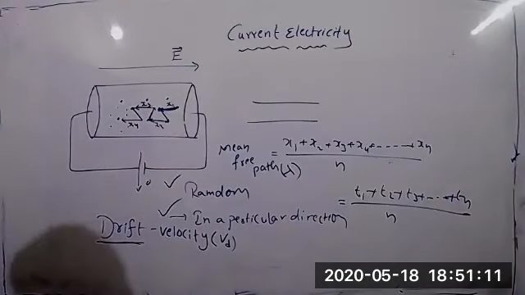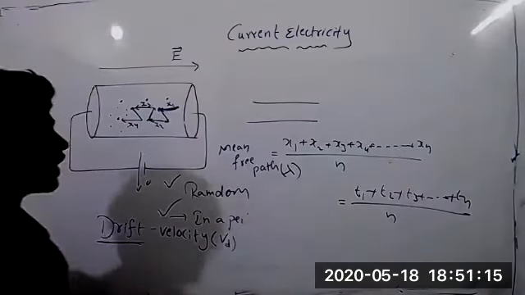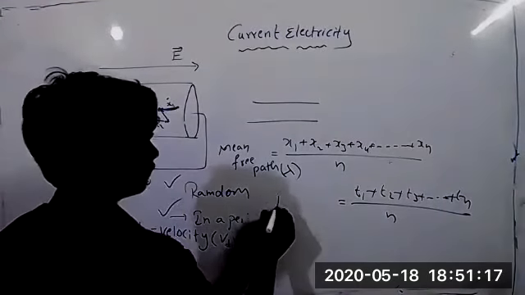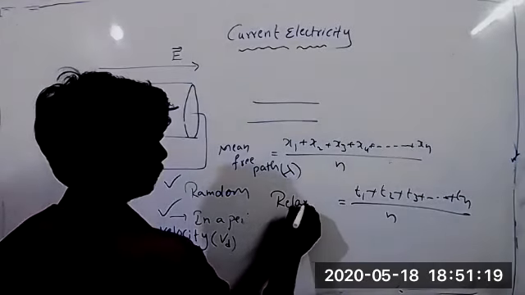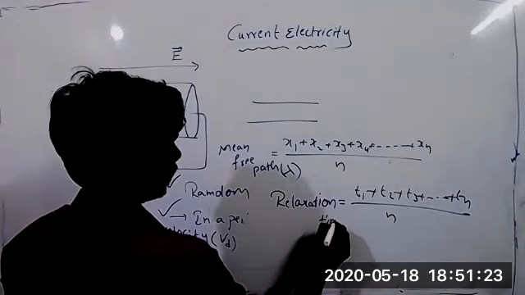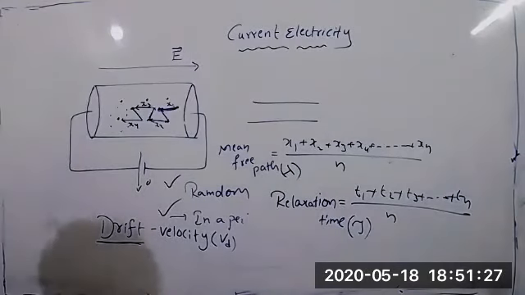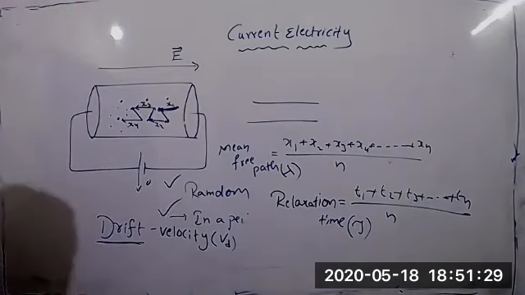It is the time interval between two successive collisions. It is tau.